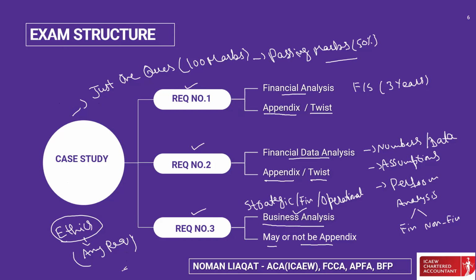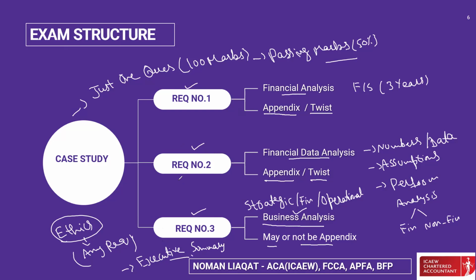Last part of this structure is basically about the executive summary. What is executive summary? Executive summary is basically a summary of what you have written in all of your three requirements, in the rest of your exam, in your complete exam.